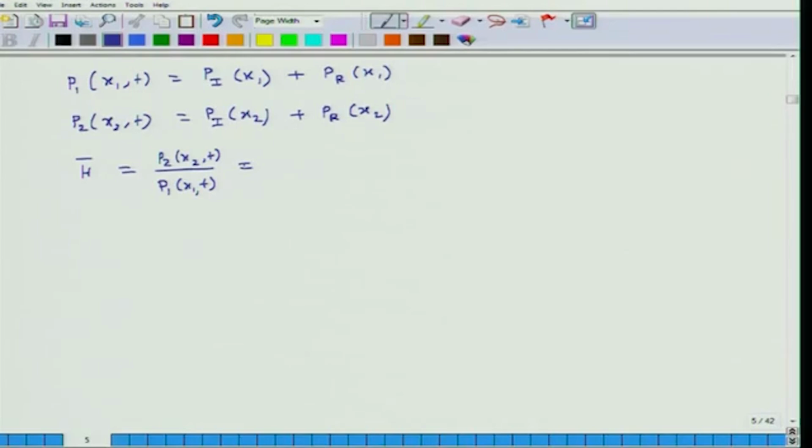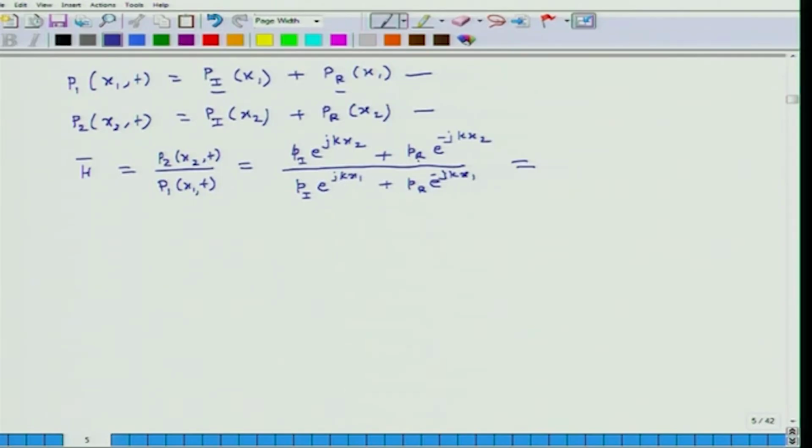So this is equal to, if I use these relations and plug in the original expressions in place of Pi and Pr, Pi e^(-jkx2) plus Pr e^(jkx2), divided by Pi e^(-jkx1) plus Pr e^(jkx1). No, there should be a negative sign here and here, right?